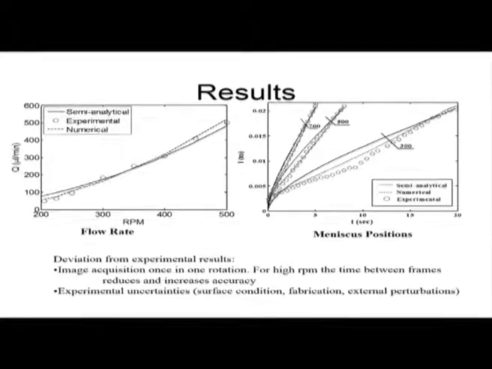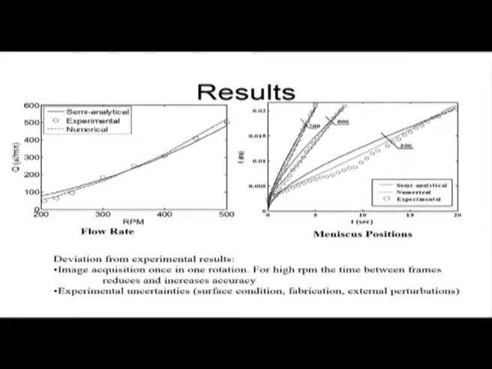You can see that there are deviations from experimental results if you consider the simulations, the semi-analytical as well as the numerical. There is actually a very interesting thing. You are basically acquiring an image once in a rotation, so there is a time lag between acquiring two consecutive images.